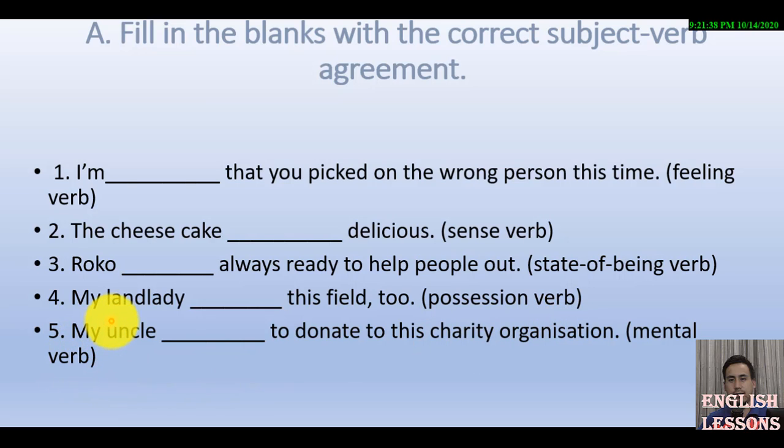My uncle dash to donate to this charity organization. Mental verb. Here under mental verb, the correct verb will be decided. My uncle decided to donate to this charity organization.